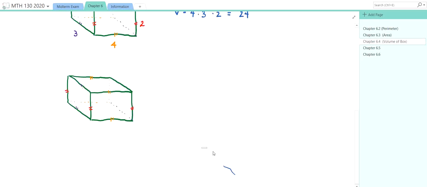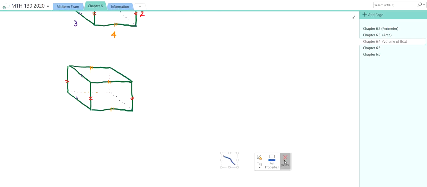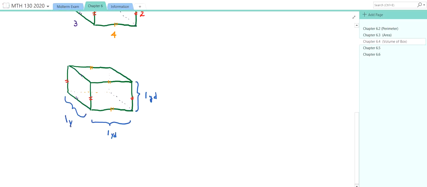Okay, so let's look at our box again. And let's say that we imagine that all these sides have an equal length, and this length here equals 1 yard. The height also equals 1 yard, and this width equals 1 yard.